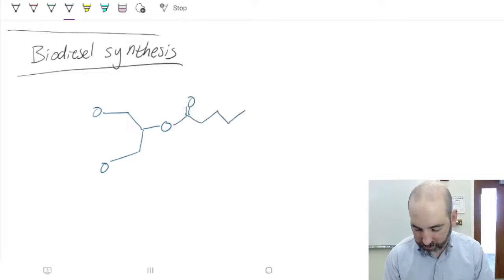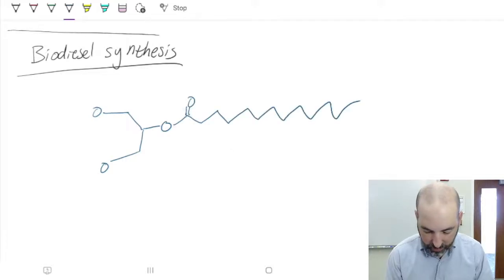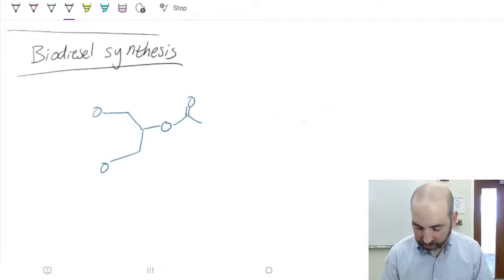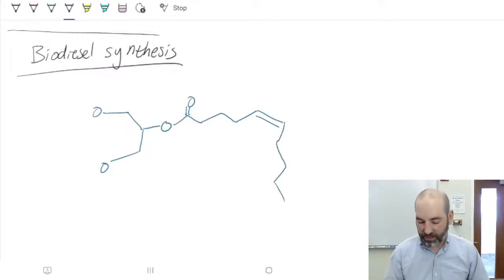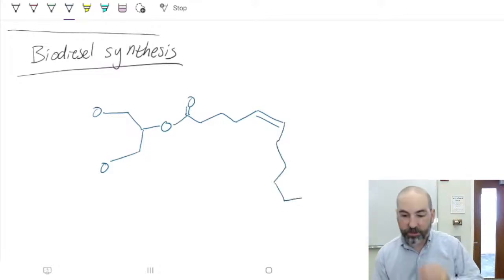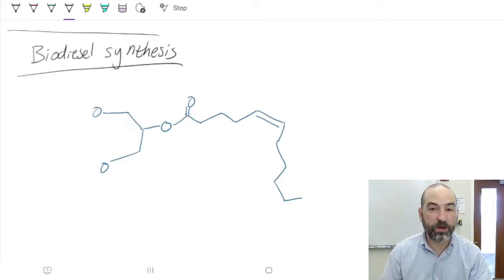Or I'm sorry, not our initial biodiesel molecule, our initial fat molecule, our vegetable oil. And actually, let's be a little bit more specific now. The vegetable oil is primarily made out of these unsaturated fatty acids. That's one of the reasons that it is generally a liquid at room temperature, has weaker intermolecular forces.